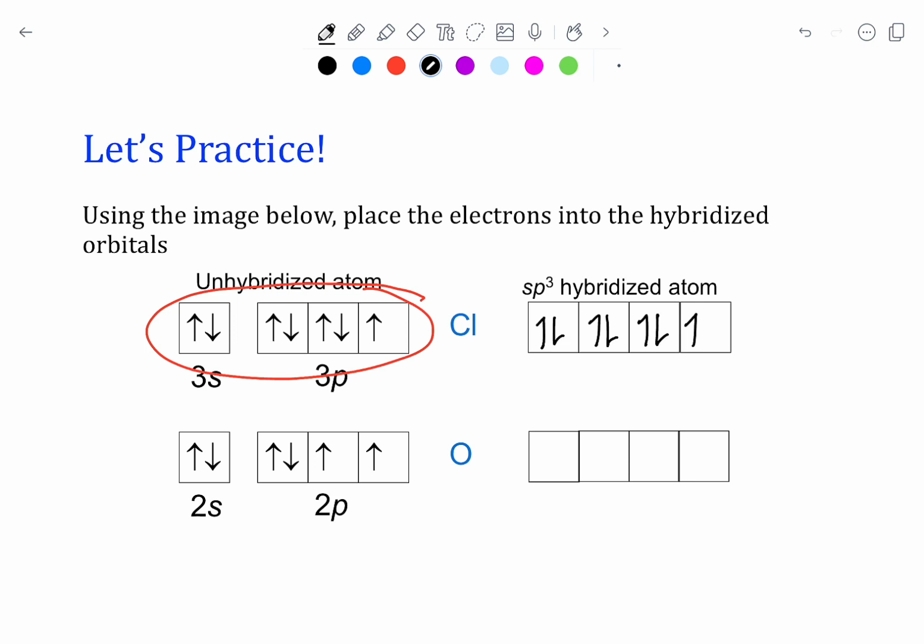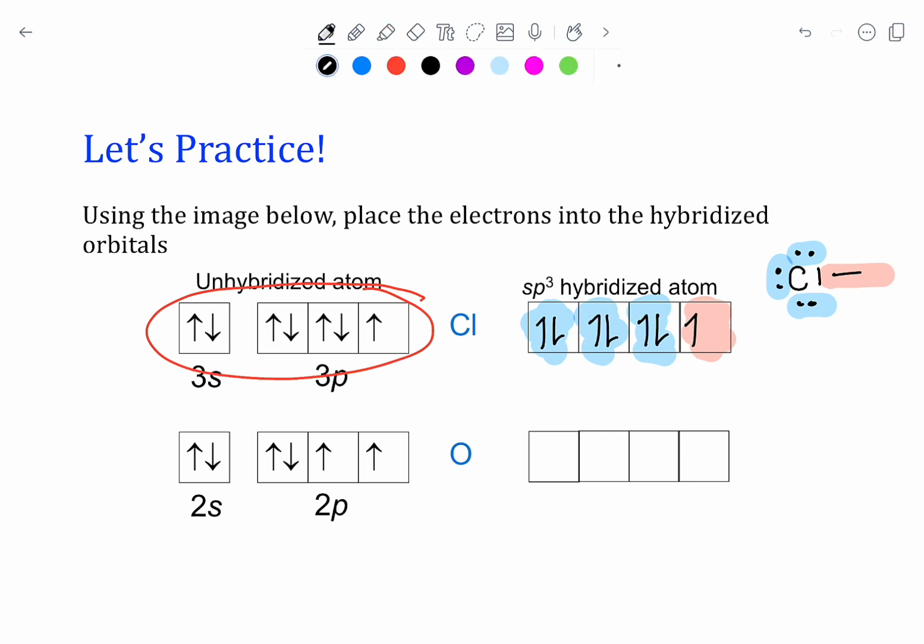Whenever I draw chlorine, it always has 3 lone pairs and a bond. The 3 lone pairs are 1, 2, 3, there they are, and our bond is right here. So our hybridization is what's controlling those rules of specific atoms that we've talked about in our previous lectures.